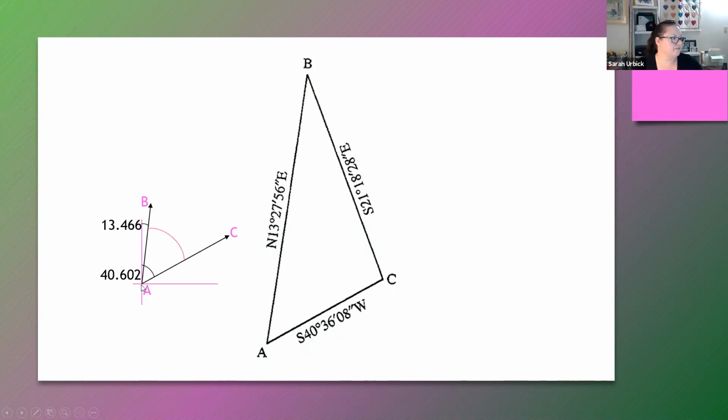I have from A towards C, which is this line. So based on those bearings, our measurements off of our north meridian take us 13 degrees and 40 degrees. So if those are my two boundary lines, how would I find that angle in between?